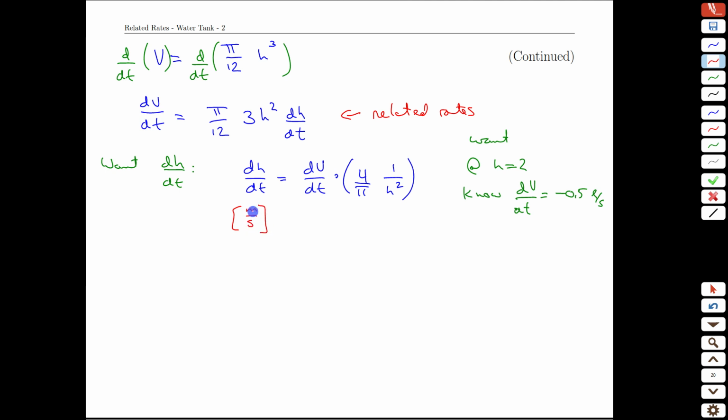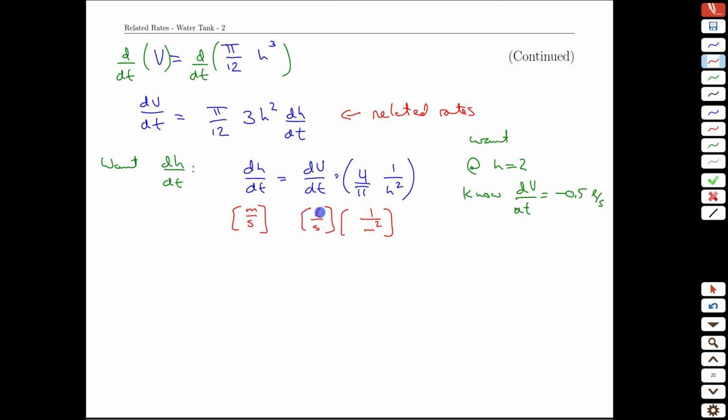Entirely reasonable because our height is measured in meters, so its derivative would be in meters per second if seconds are the time derivative variables. However, this is in liters per second, and this all over here is in 1 over meters squared. This is just a constant, but the h squared is in meters squared. And if you multiply those units out, you do not get meters per second anymore.